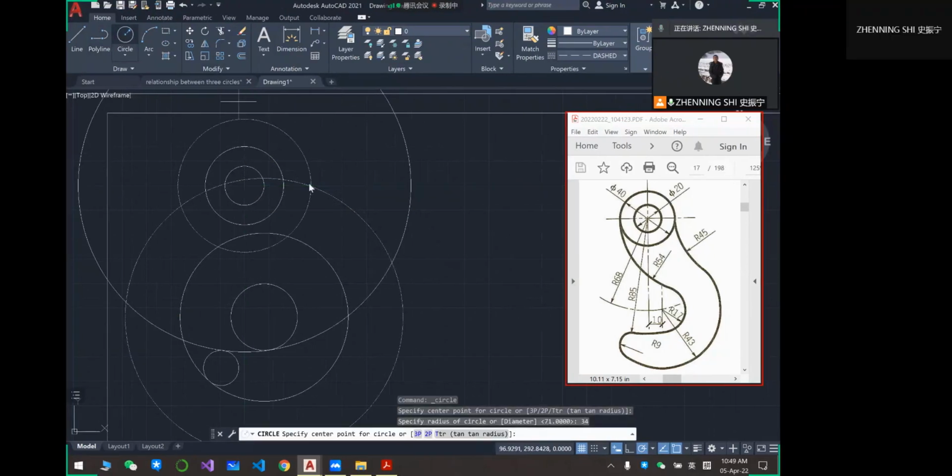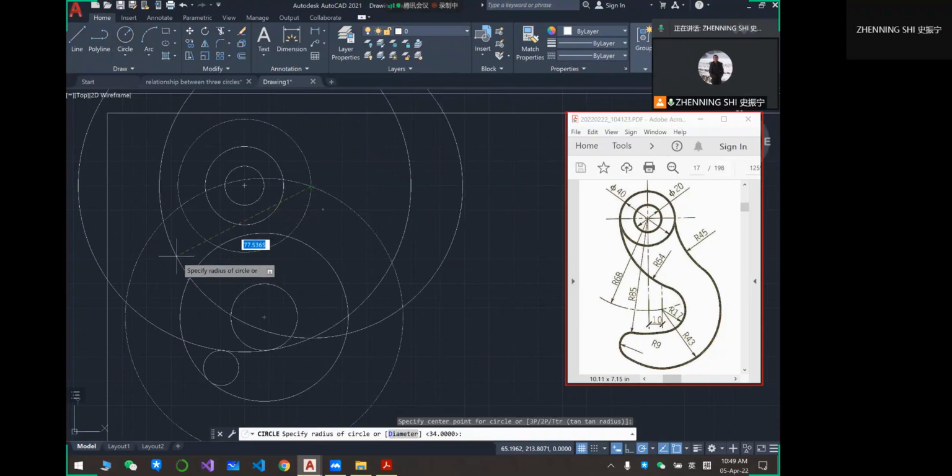So let's try to draw this circle with the radius 54 with this point. Okay.